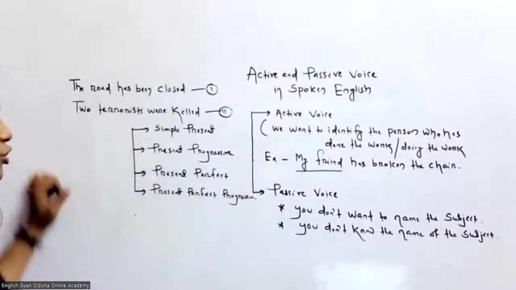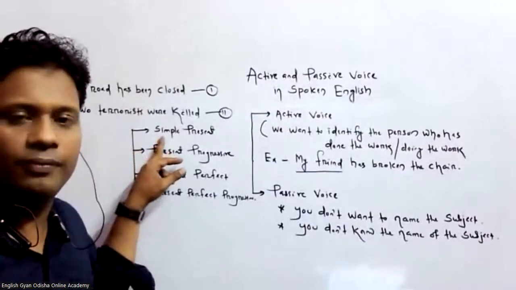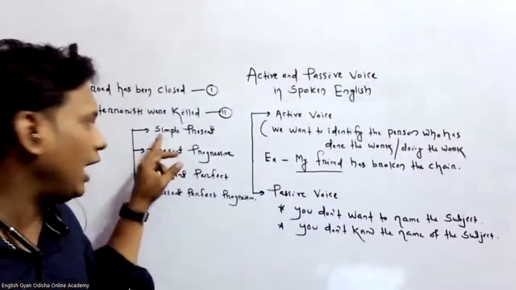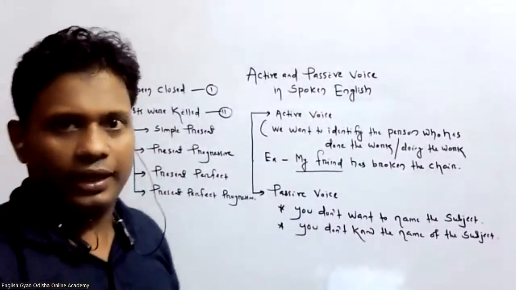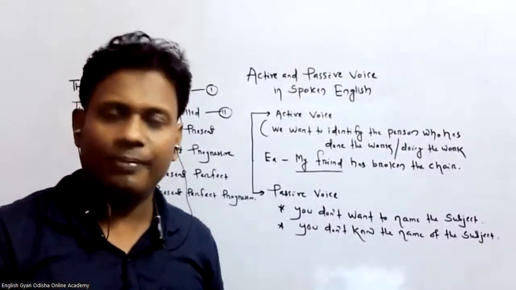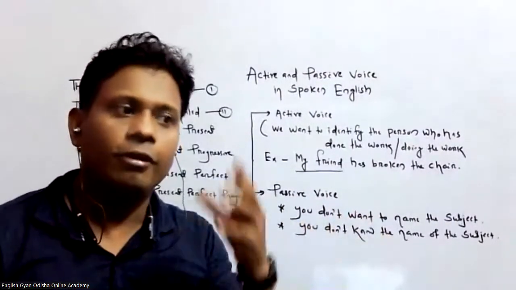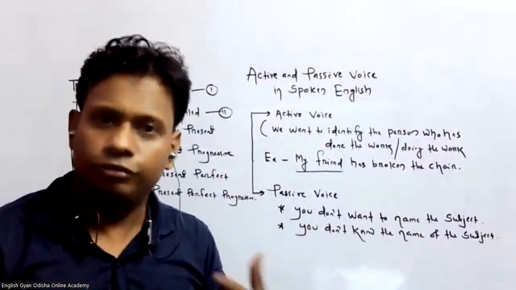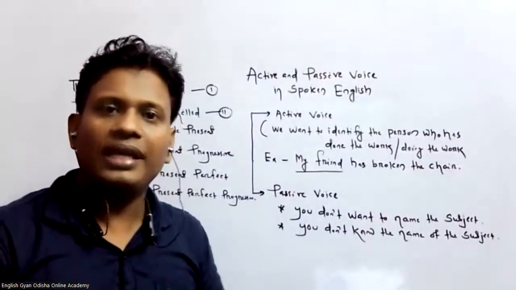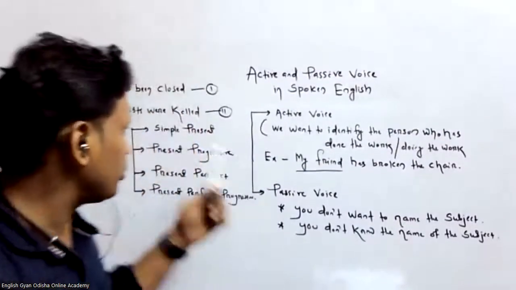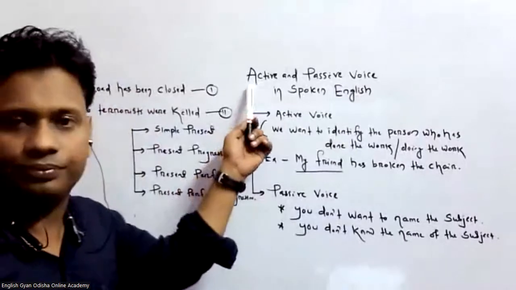All four structures that I have given you always start with a subject. I can say simple present: I take mango every day. I am taking a mango right now. I have taken a mango. I have been taking 5 mangoes for 2 hours. So it is all about the structure. All the structures that I have already taught you are in active form.